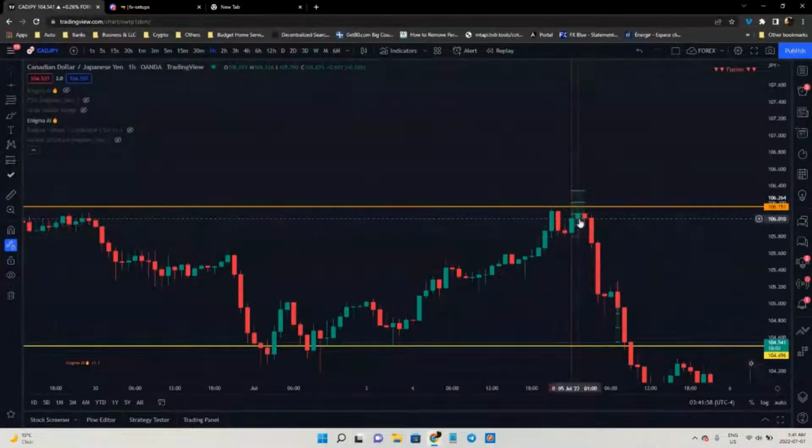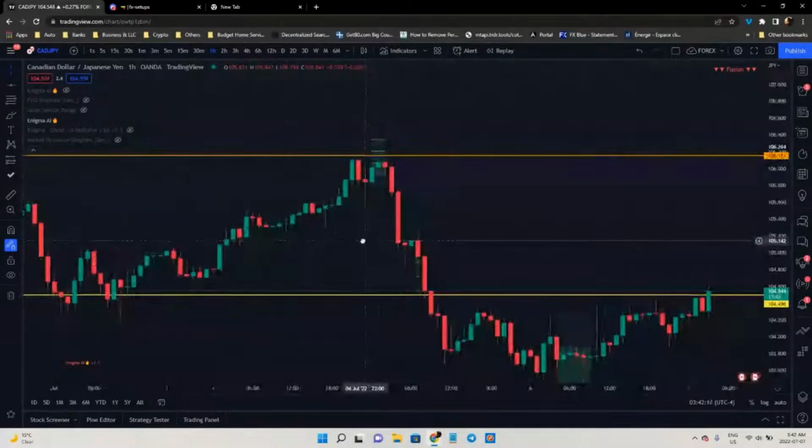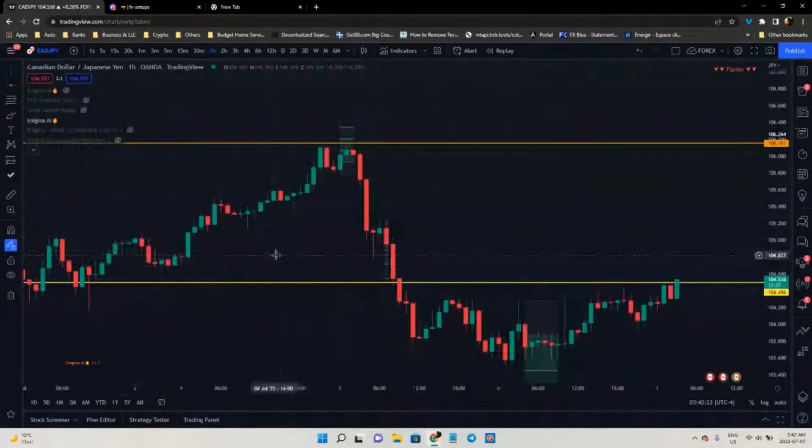That's why it tried to do a buy here, but it didn't go that far. So you would still be able to take that buy, but as you can see, it only went to TP1 and then tried to reverse. But me, I was waiting for that to happen. And then when it did, I said, okay, if I don't have an Enigma setup here for a sell, I'm going to wait for an indication that the price is trying to do a last push up and then going down.